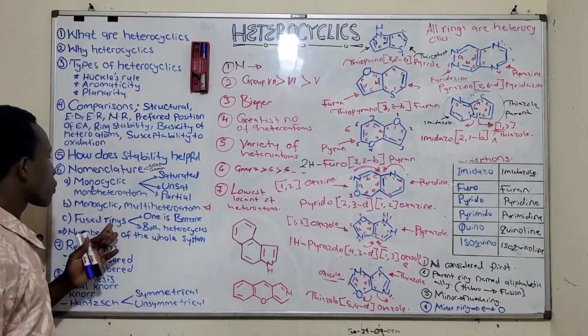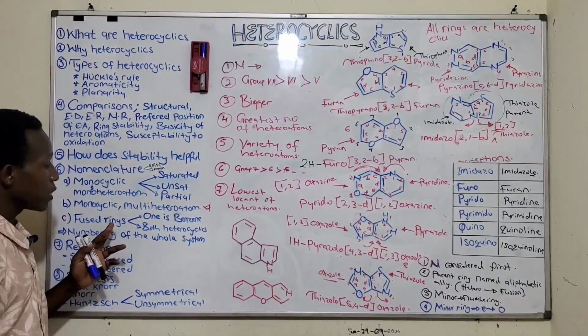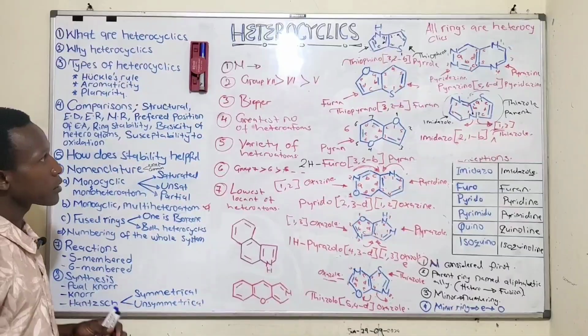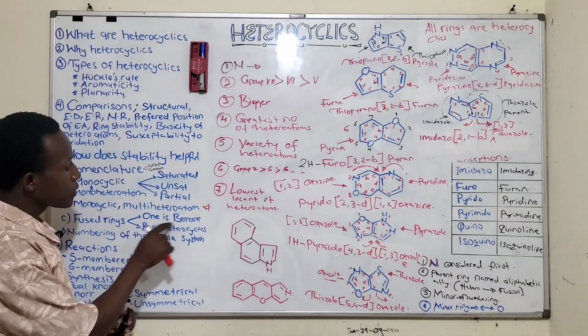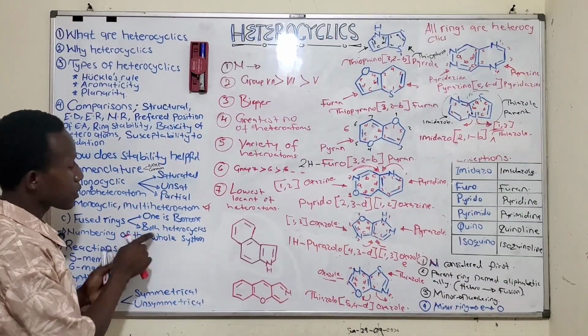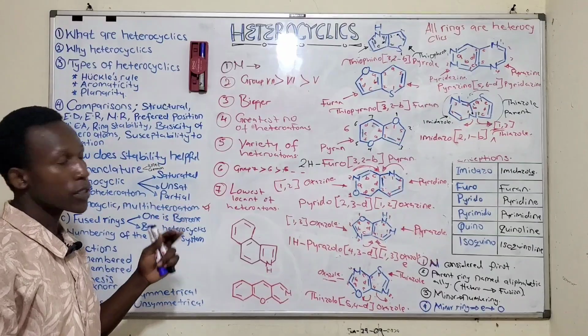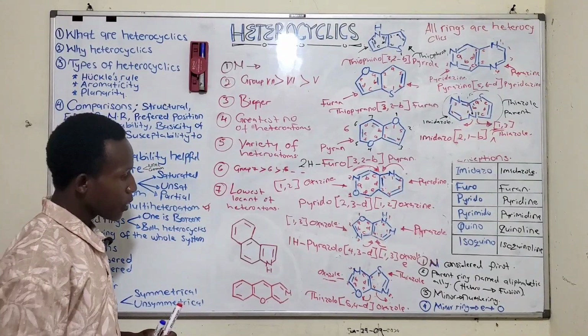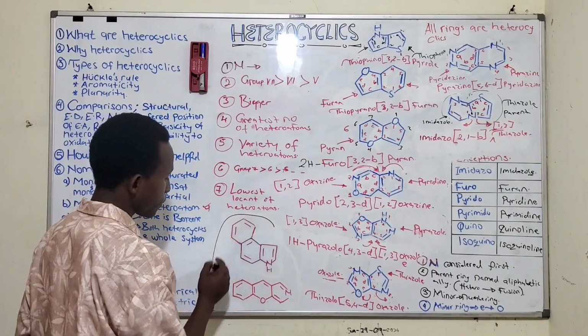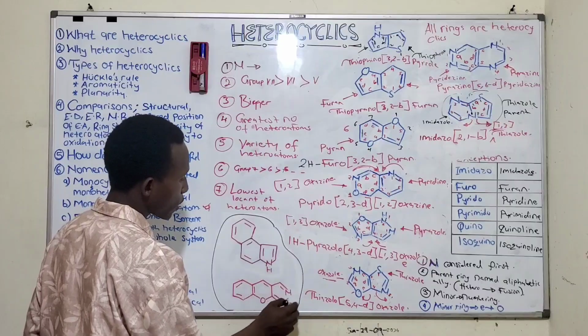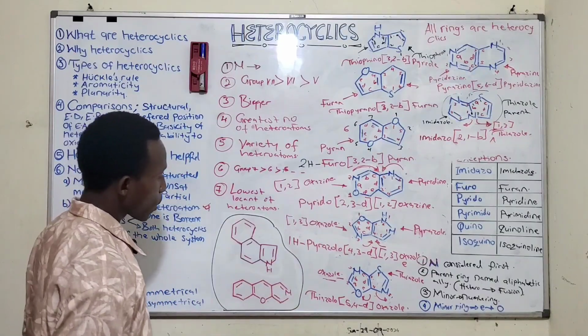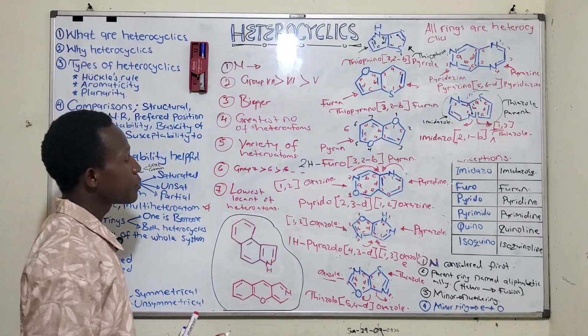We have seen how to name fused rings or fused heterocyclics. We saw where one is a benzene ring and where both are heterocyclics. Now, we have these structures here. I'm sure you can try them out using the same principles.